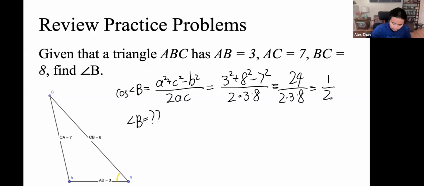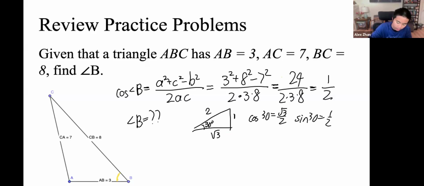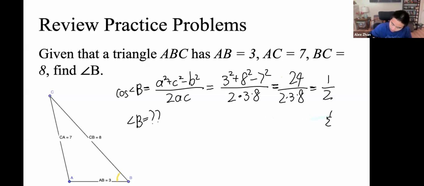And it's not 30 either, though you're really close. In a 30-60-90 triangle the side ratios are 1, root 3, 2. So cosine of 30 would be root 3 over 2, and sine 30 is 1/2. I think you just swapped two angles.